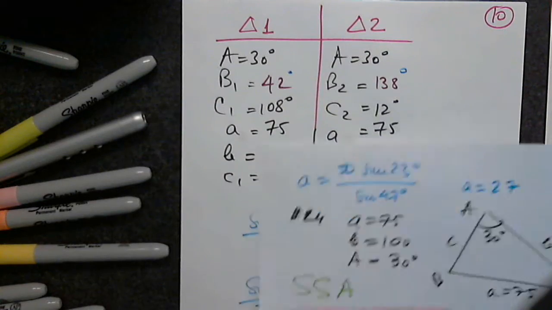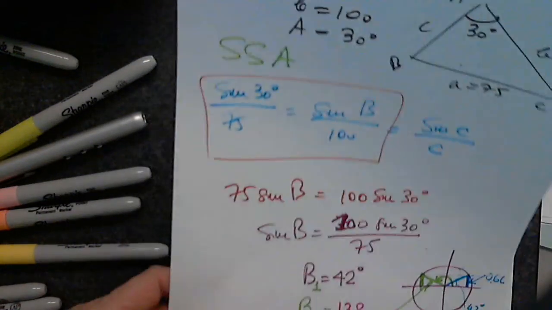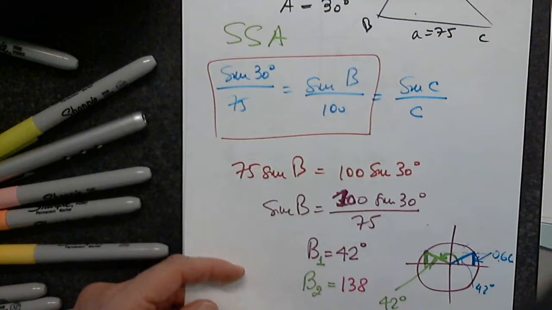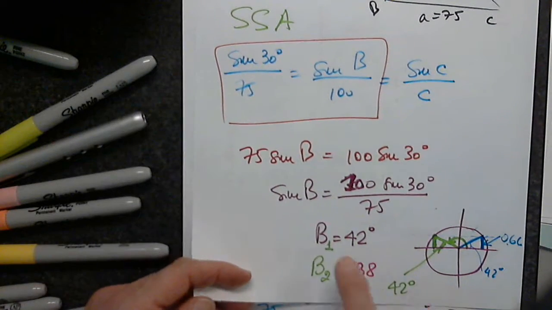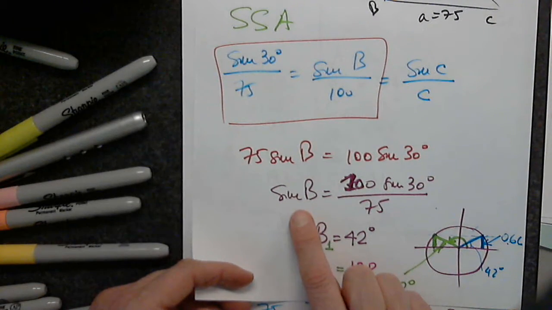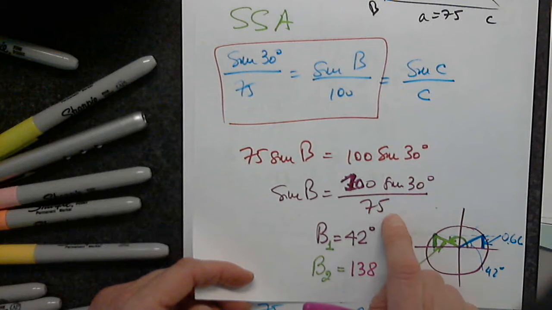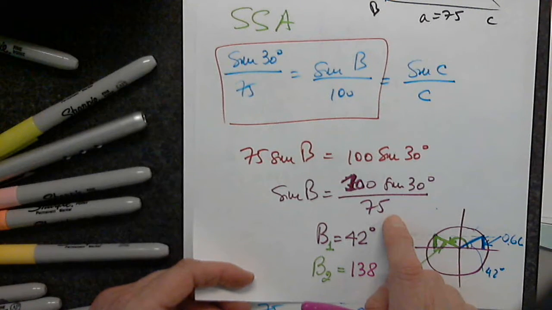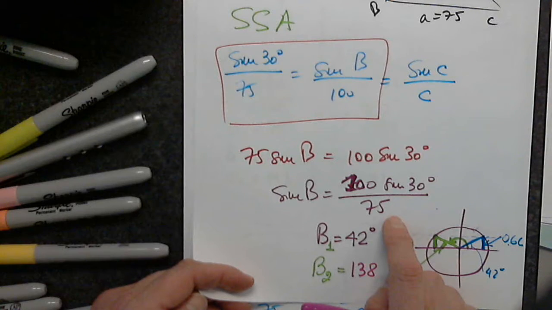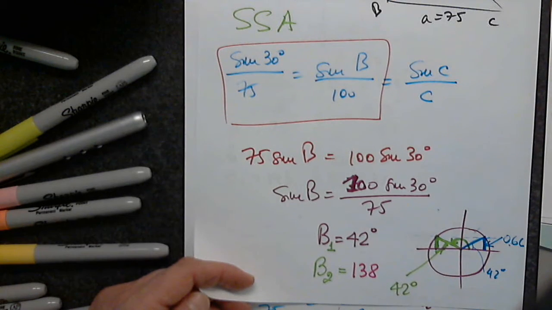A second possibility is when I determine sine B for no triangle, when I get this number to be 1.3. There is no angle because sine is 1.3. So in that case, it will not exist at all.